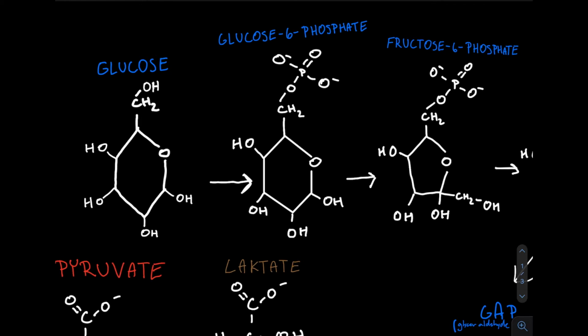So in this case, the activation is by ATP, which forfeits one of the phosphates and creates ADP, and this phosphate is attached to this molecule here. Alright, so we have the glucose activated, but it's not everything that we need to do with it.